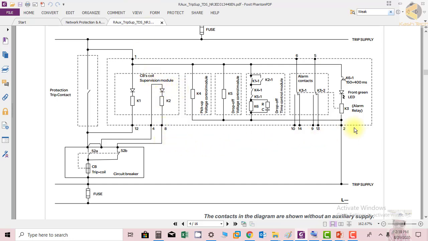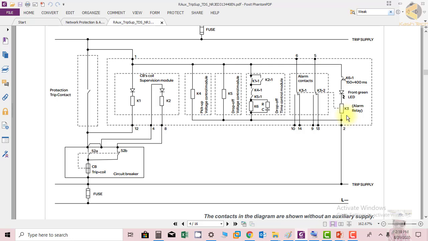So another thing that you can monitor here, this is the alarm relay, and this is basically the LED, and we have studied that the LED and alarm contact are both synchronized. It means both are operated through the same contact.